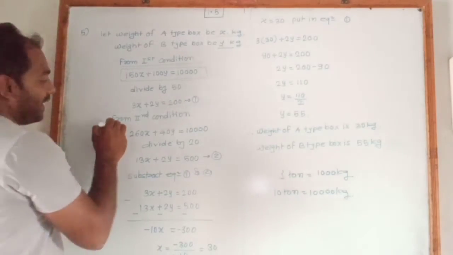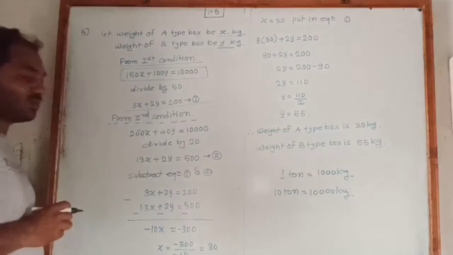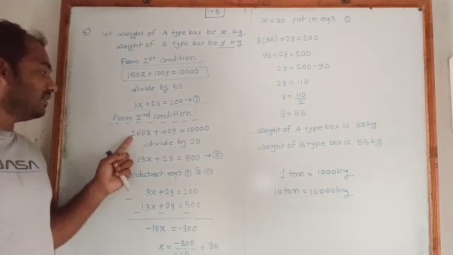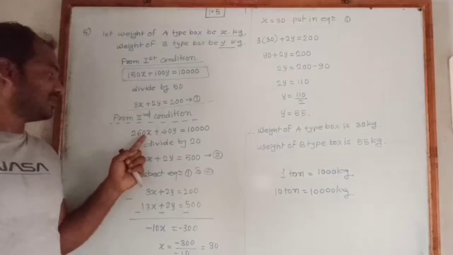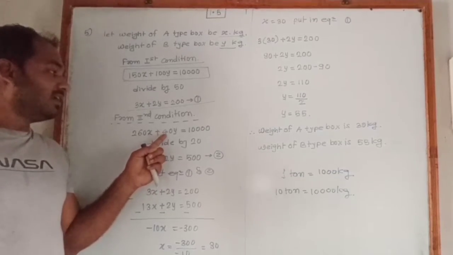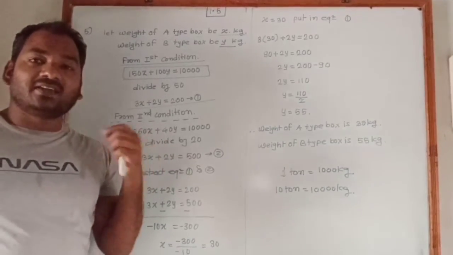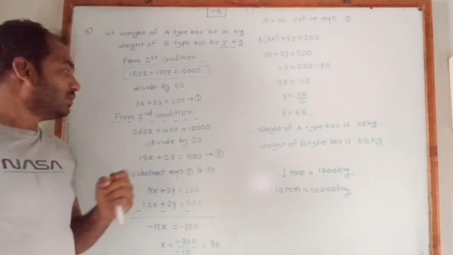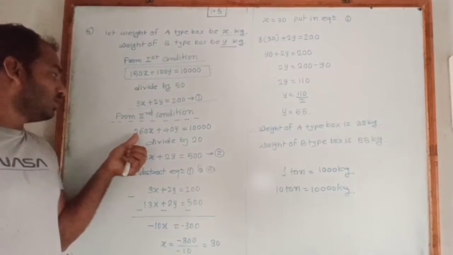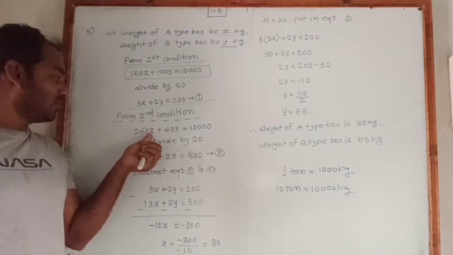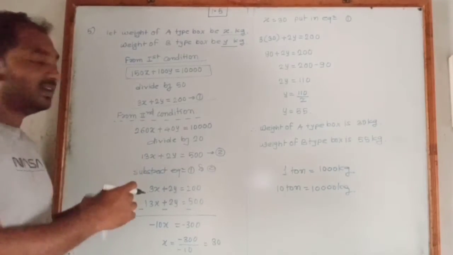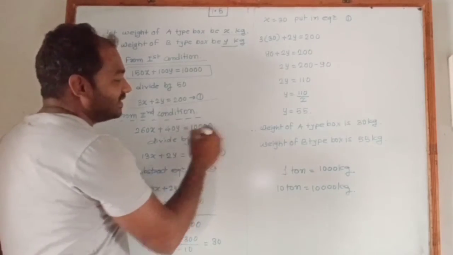Now, according to the second condition, if 260 boxes of A type are filled in the truck, then 40 boxes are required to fill the complete capacity of the truck. That means 260 boxes of A type and 40 boxes of B type are filled in the truck, then the 10-ton capacity gets completed.